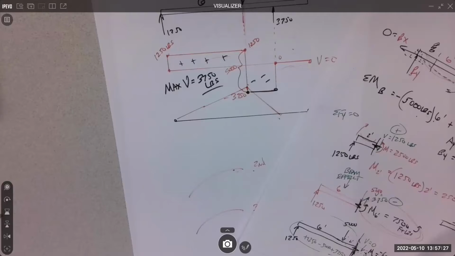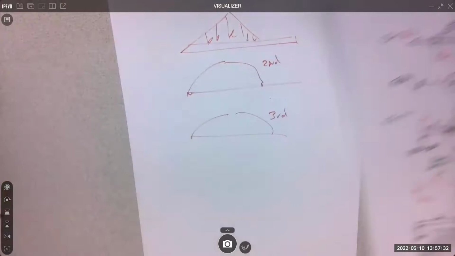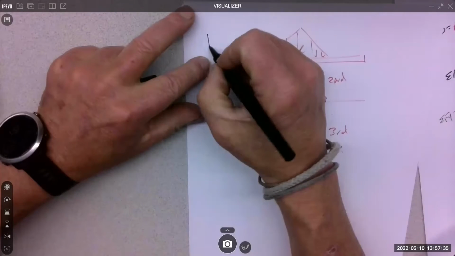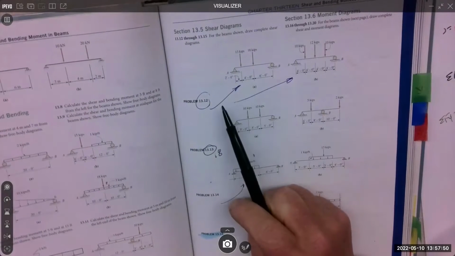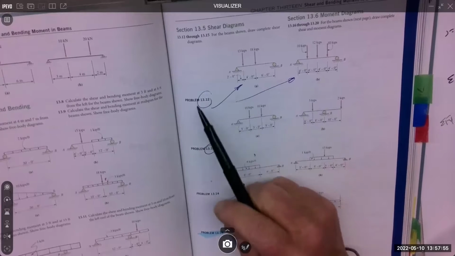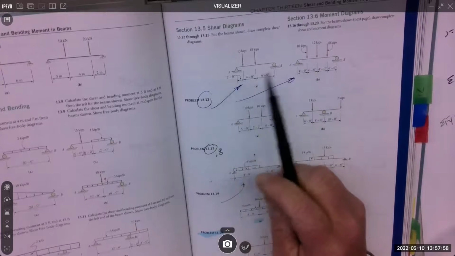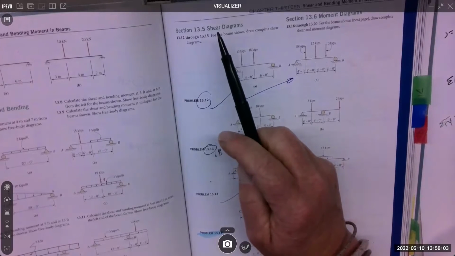So we'll do number 7, which is one of those. And then we'll do number 12. Notice on 12, I actually have little arrows for you. There's an A and a B. So this will be worth 20 points because essentially it's 2 problems, right? This one says, draw the shear diagram for number 12.